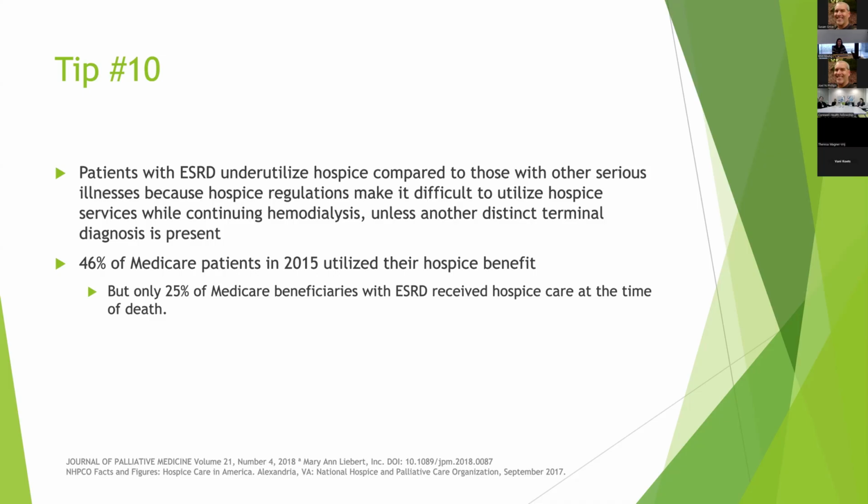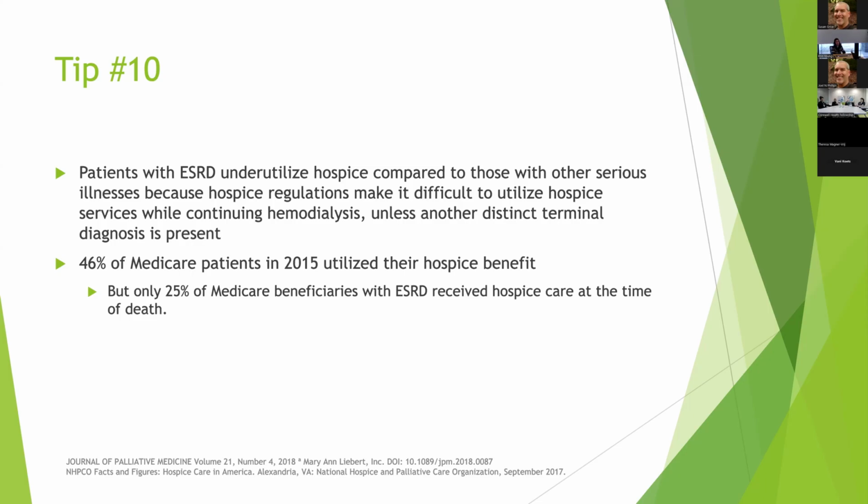So I think the general trend has been, and we talked about this with my hospice rules and regs lecture too, that the other distinct terminal diagnosis really is not excusing coverage for hemodialysis because it is a prognosis-affecting intervention. So hospices really are starting to defer more anybody on hemodialysis, even if they have an unrelated terminal diagnosis, if they wish to continue with hemodialysis.